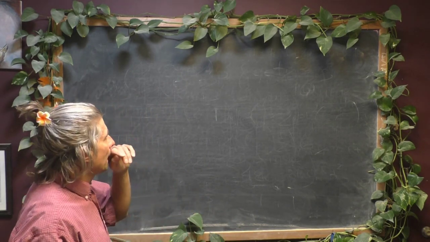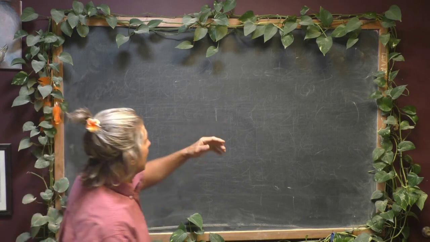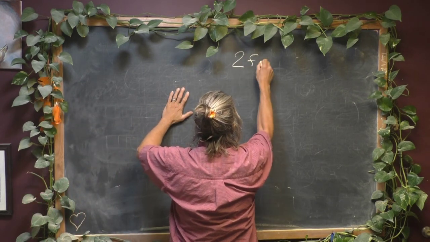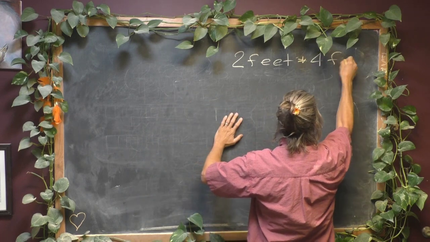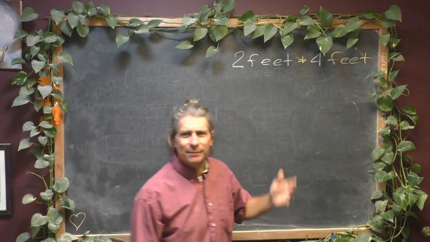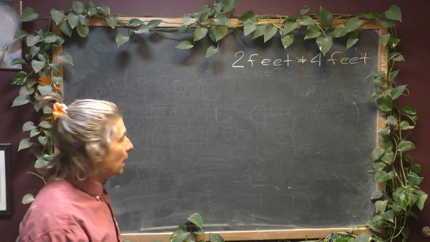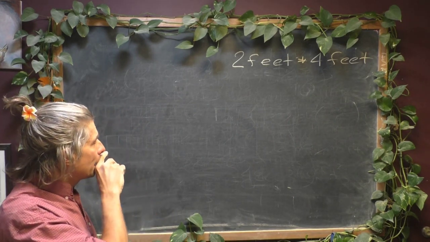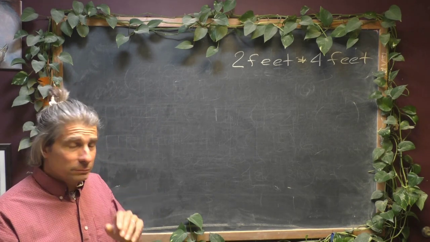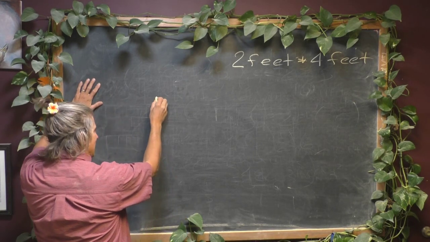So let's start with something like 2 feet times 4 feet. This is something kind of like we did a couple weeks ago. Now we know what that answer is. It's 8 square feet. But let's visualize it as 2 feet. I'll try to draw this to scale.